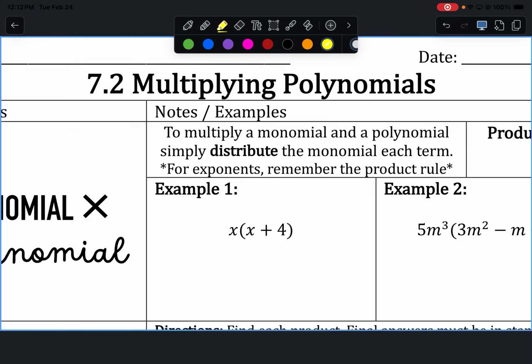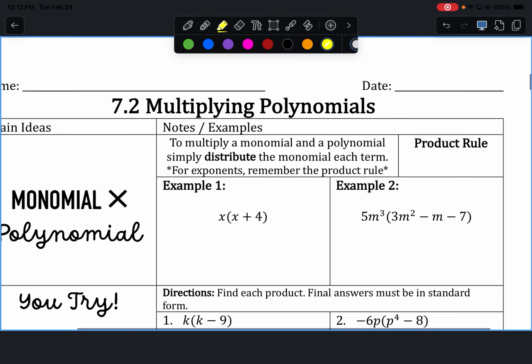So if we look at multiplying a monomial by a polynomial, if one of the things we are multiplying is a monomial, so one of the things is one term, to do that, we simply distribute the monomial into the other terms.